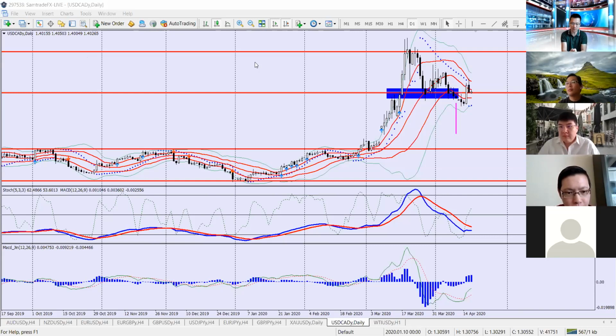I suggest the daily chart. Right now, we're looking at price sitting at a support level of 1.40121. Right, it is at a support level. Last week, the expectation was looking for it to break that level, to go lower.